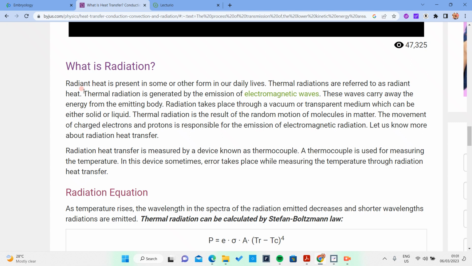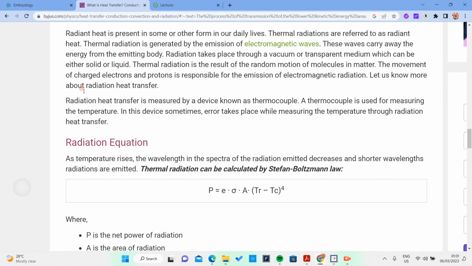You notice that when a particular surface is very hot, you don't necessarily have to be in contact with it to feel the heat. That sensation you are feeling is due to radiation, the infrared coming from that surface to yourself. Radiation heat transfer is measured by a device known as a thermocouple. Just take note of that.